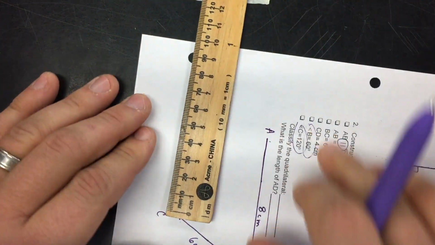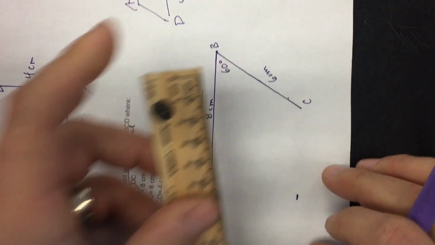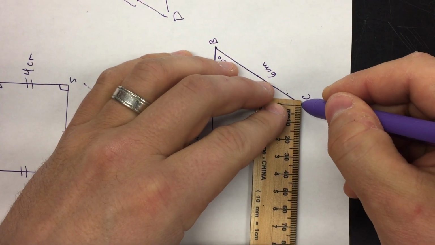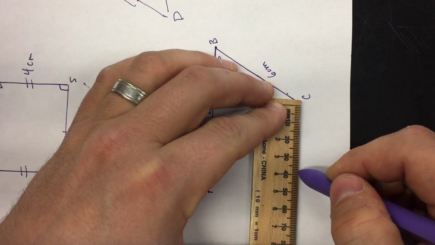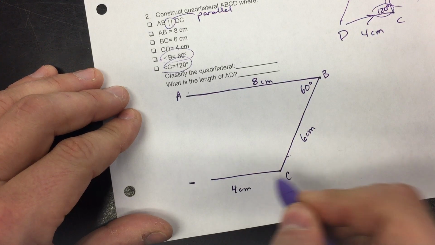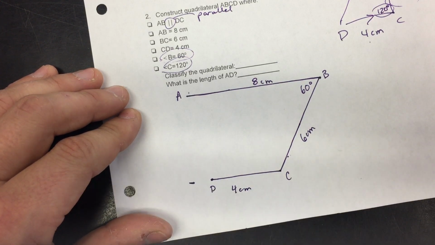I'll have to do it this way. I'll go this way. Oops, flip it around. So I'm going to start at C, and I'm going to go 4 centimeters in the direction of my dot that I just put. So this here is 4 centimeters long, and I got to point D.